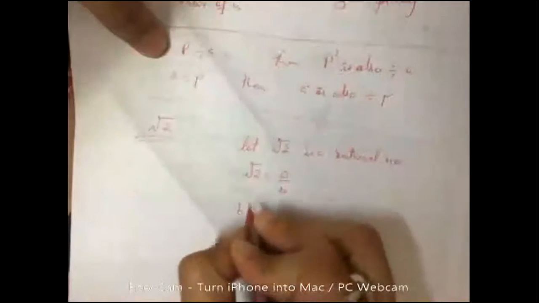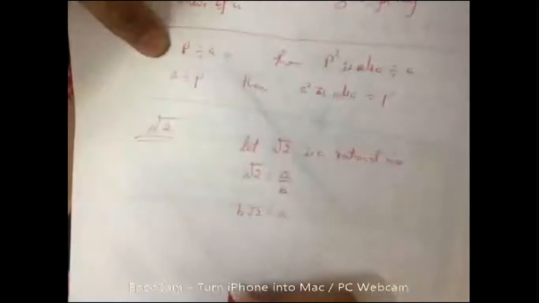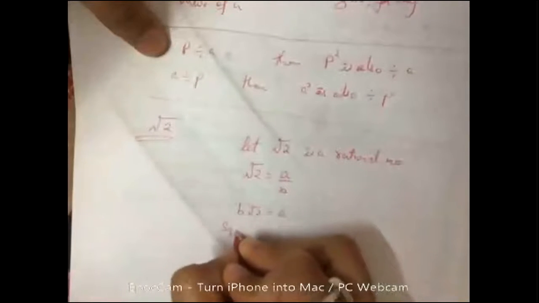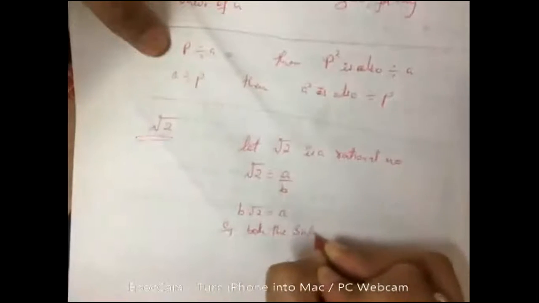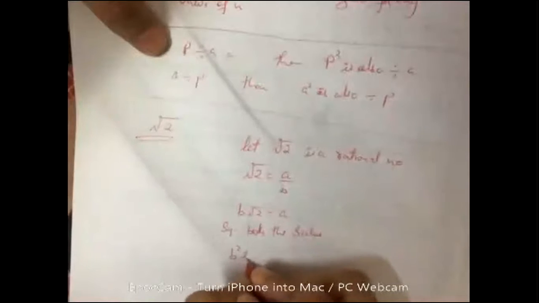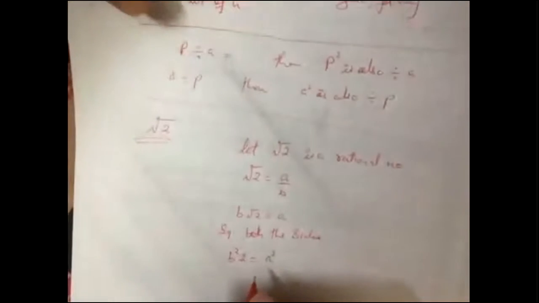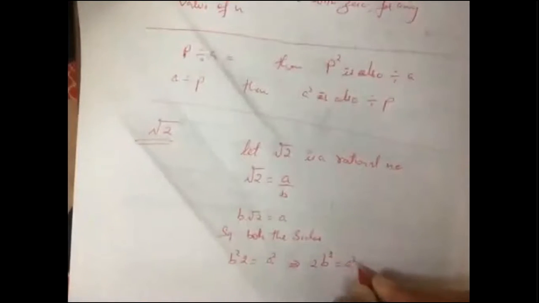Now next, b under root 2 will be equal to a. b under root 2 equals a. Squaring both the sides, 2b square equals a square. You can also write it like this: 2b square equals a square.